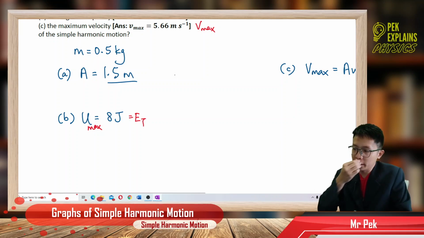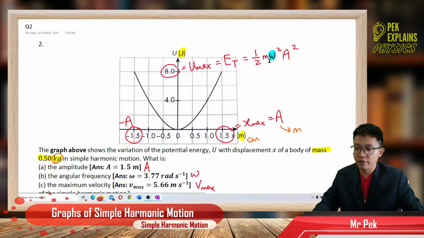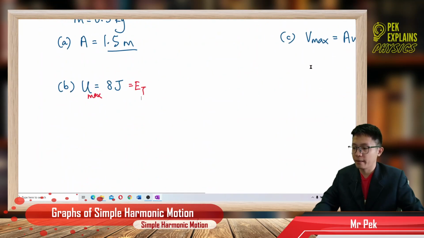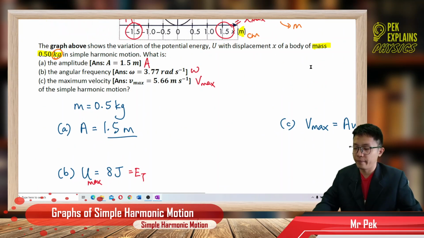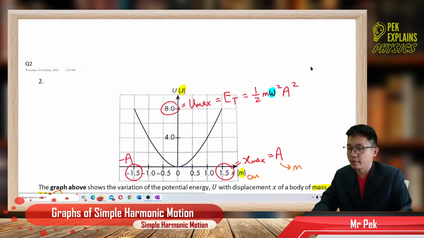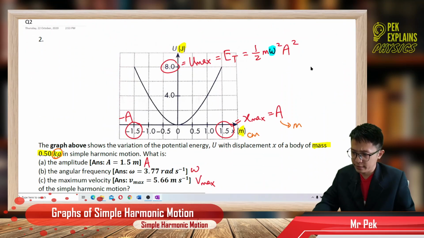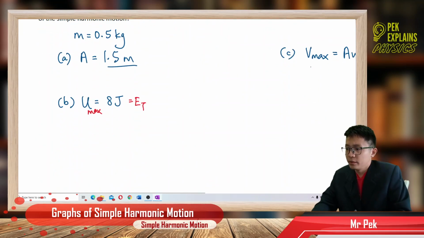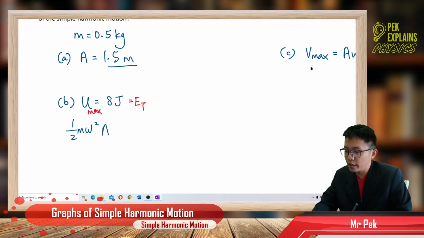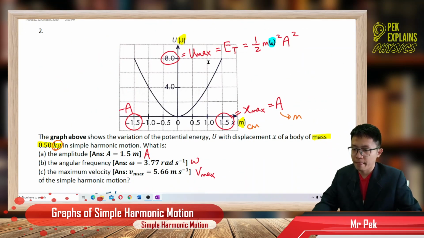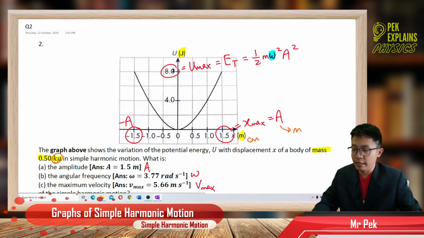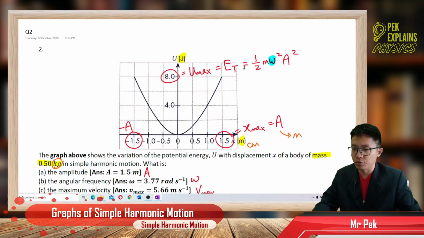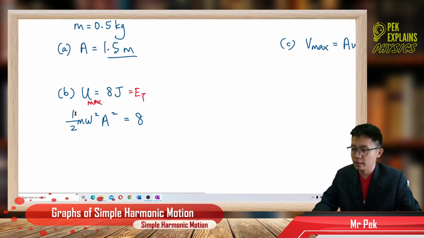The formula for the total energy, just now I already said, is half m omega square A square. So half m omega square amplitude square is equal to 8 joule, because 8 joule is the U maximum, the total energy.